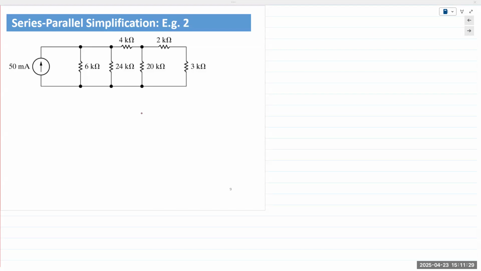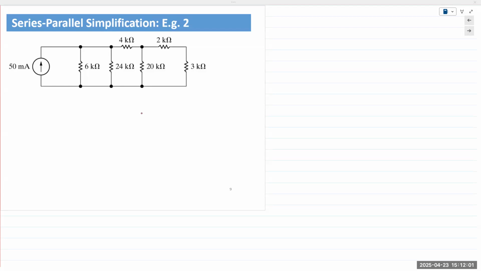And then the first step for this would be to start to solve for Req, apply Ohm's law, and obtain the voltage across the current source. But we can also apply voltage division, current division as part of our analysis. Okay, so this is one of those circuits that I particularly like because it can encompass all three techniques, right? You can also apply KVL, KCL to solve for currents and voltages at different nodes.